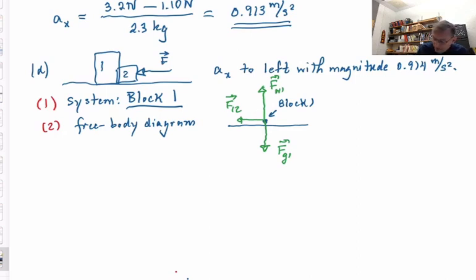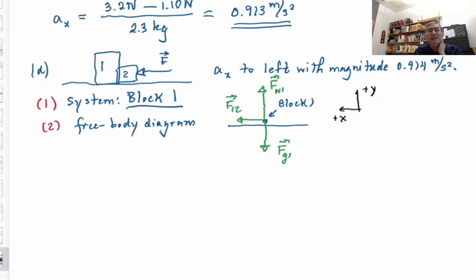Now, remember my rule of thumb that I use? If I know the system is accelerating in a particular direction, I choose one of my axes along that direction. I know this system is accelerating to the left, so I choose plus x to the left and plus y up. Now that may be a little bit odd to you. You may not be used to that, but you can pick your axes however you want. You just have to be consistent with it.